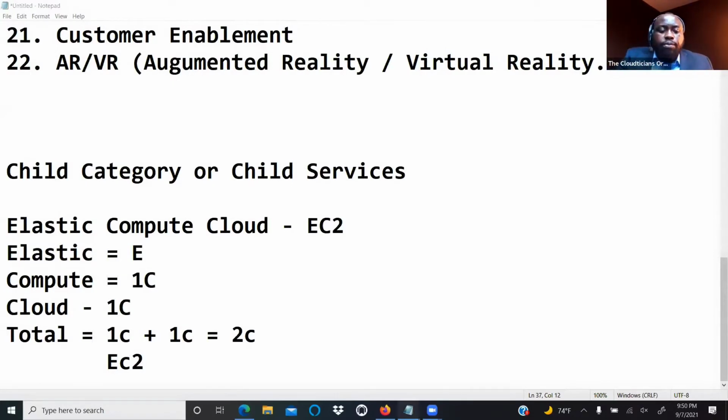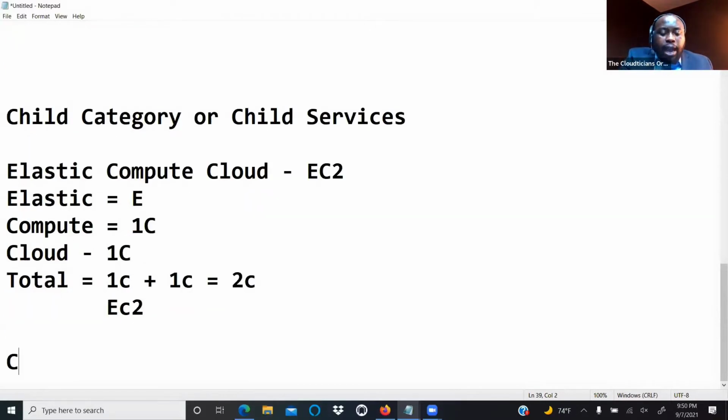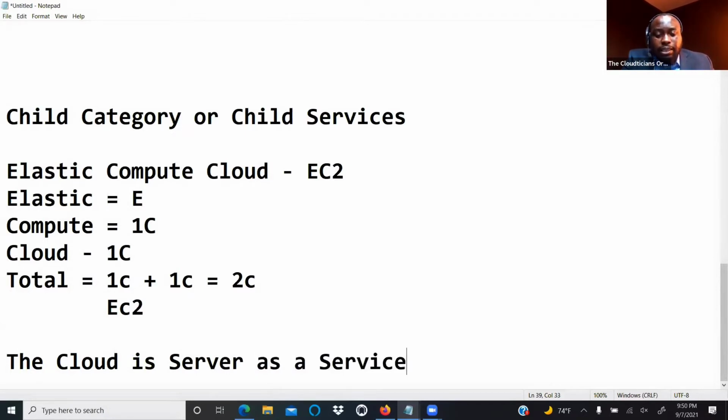What this means is that I told you yesterday, I don't know if you got it, by revelation, we saw that the cloud is server as a service. The cloud is server as a service.